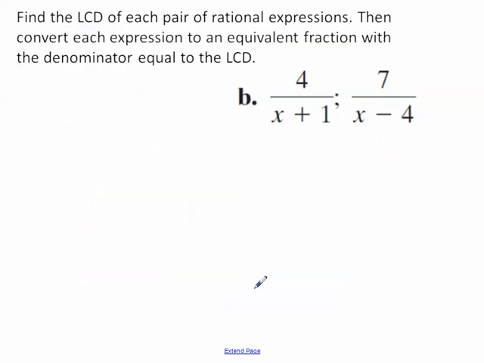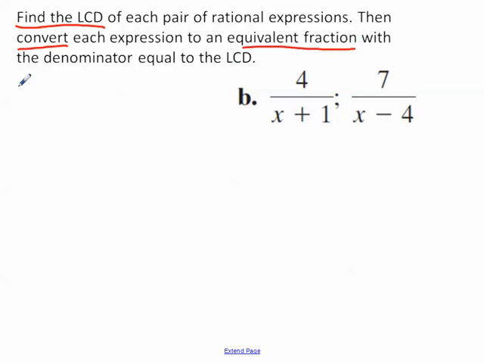All right, so I'm going to leave this one for you and say, please, you do this one. And this one, again, a little more challenging. And to be honest with you, it's not real challenging because here's what we're asked to do. Again, read the instructions, find out what we're asked to do. Find the lowest common denominator, then convert to an equivalent fraction.